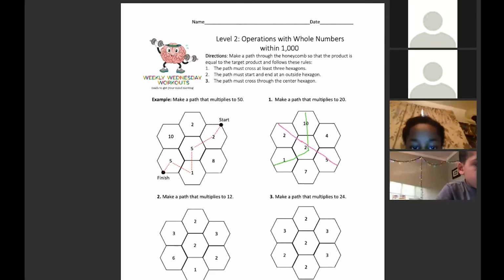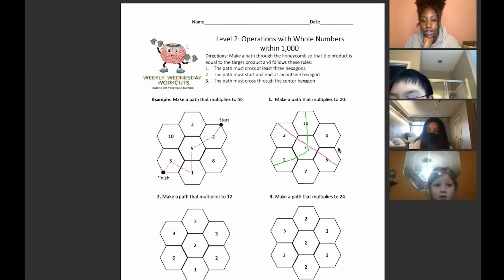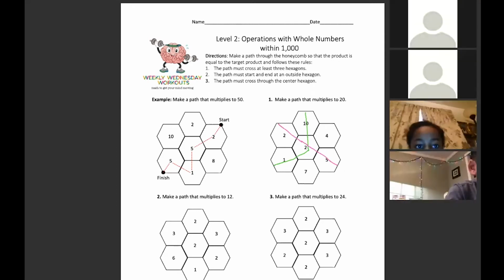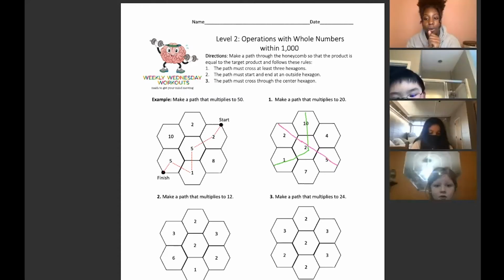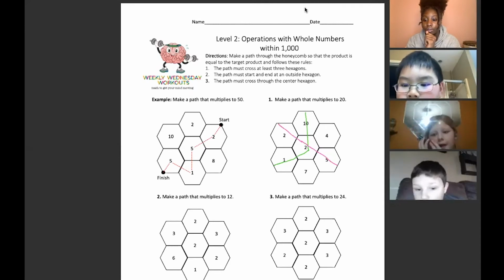I think you might have the wrong worksheet. So could you just follow along on the screen for me? If you don't have the worksheet with you, just follow along on the screen. I have it. I was on the wrong page.